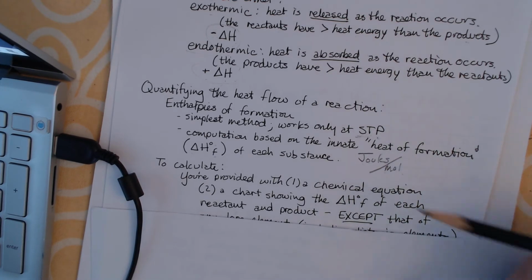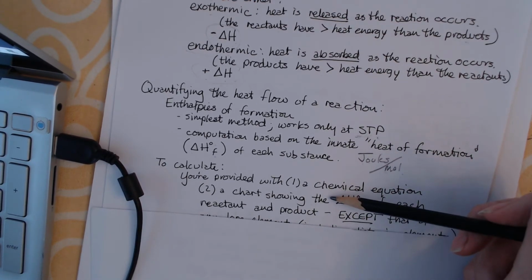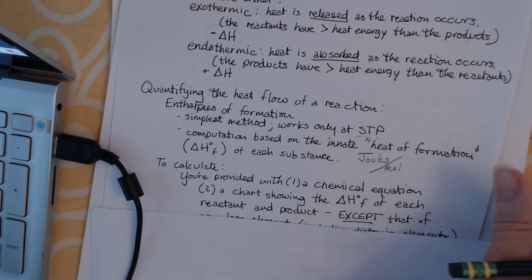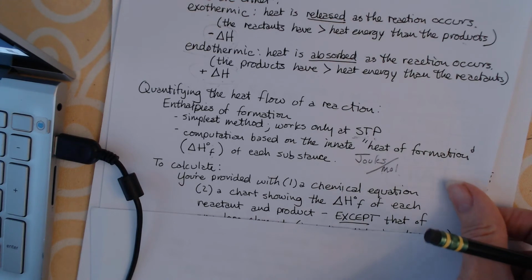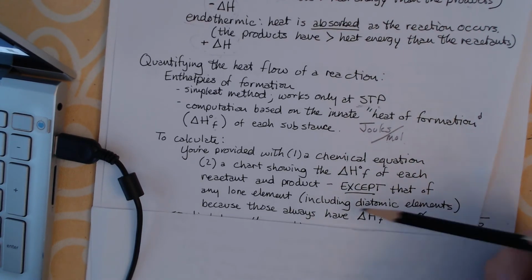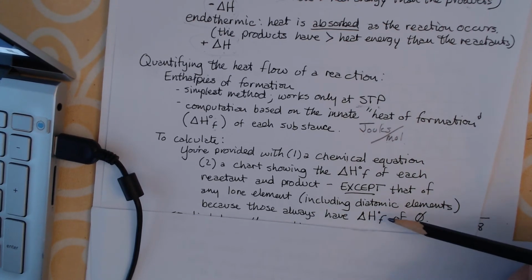So there is one exception. There is one type of thing that will not show up on the charts that we give you necessarily. We may throw it in there, but we're likely not to. And that is that any lone element, including the diatomic elements, will always have a standard heat of formation of 0.